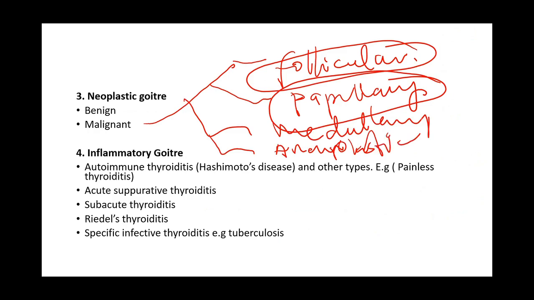Now, we are going to take malignant goiters in a separate session, but you should know that these follicular thyroid cancers are usually from a long-standing multinodular goiter, and their spread is via hematogenous spread.